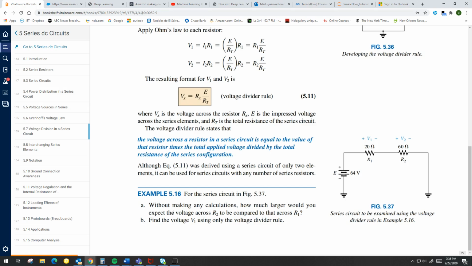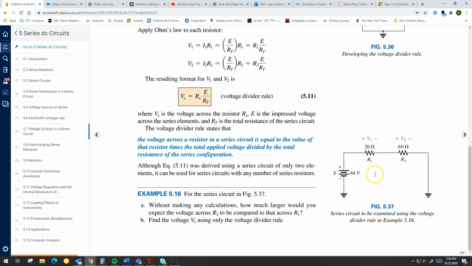So R2 is 3 times the resistance of R1. So you would expect that the voltage will also be about 3 times that of V1, because it's directly related to that. And then we're going to find V1, this voltage here, by simply using voltage division.